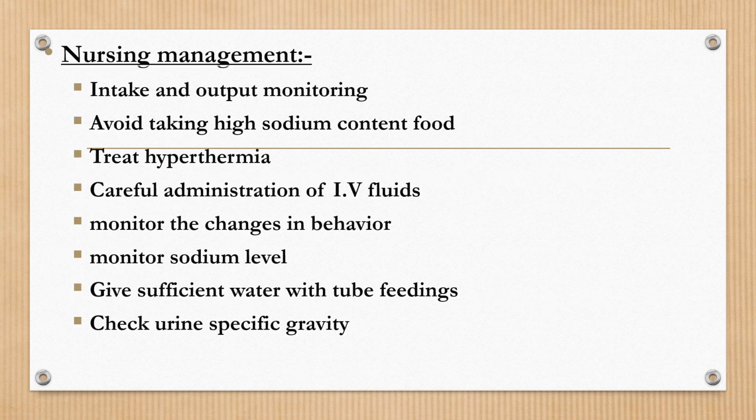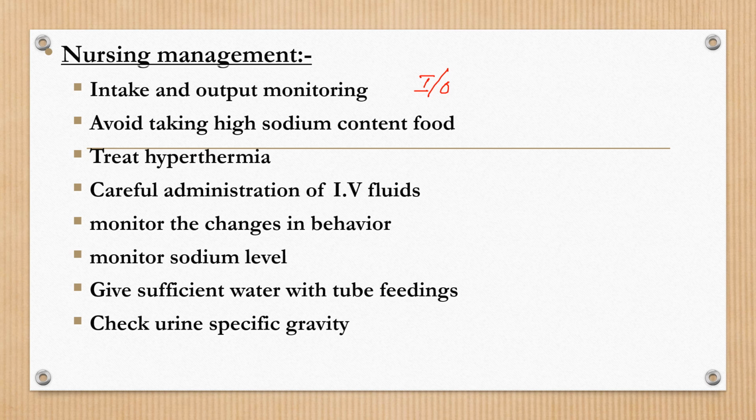And nursing management, like here also the foremost thing is we are supposed to maintain intake and output. So the strict monitoring of IO chart, then avoid taking high sodium content food, treat hyperthermia, then careful administration of IV fluids. That is, we are supposed to see whether it is hypotonic or isotonic solutions only we have to administer.